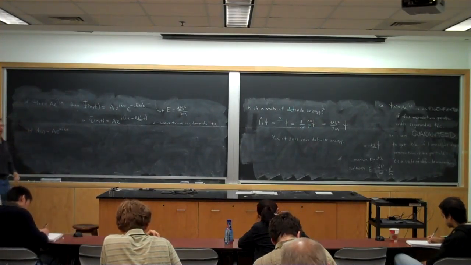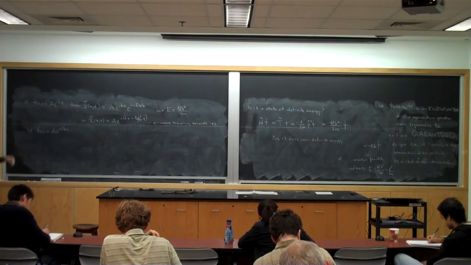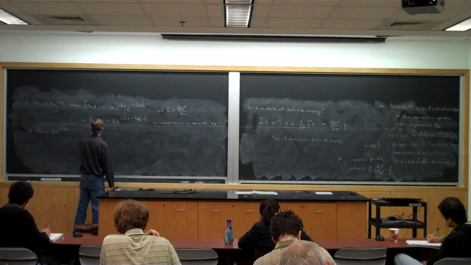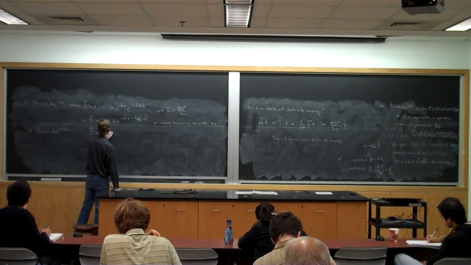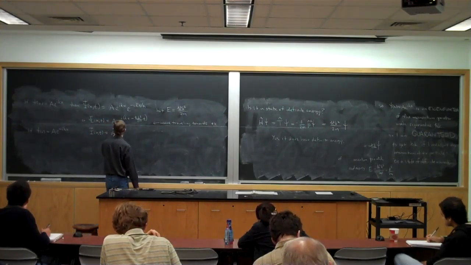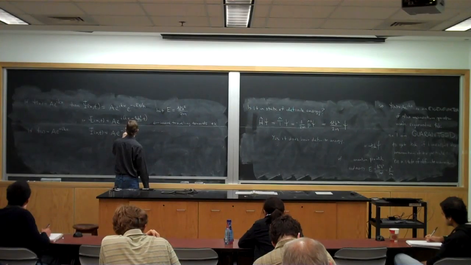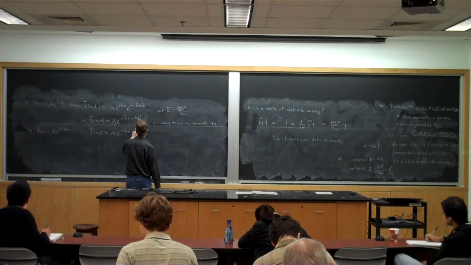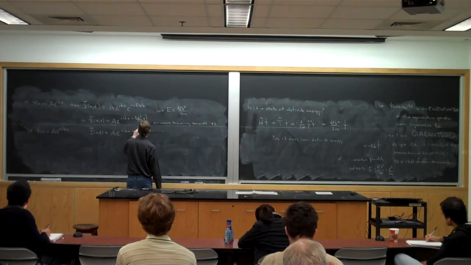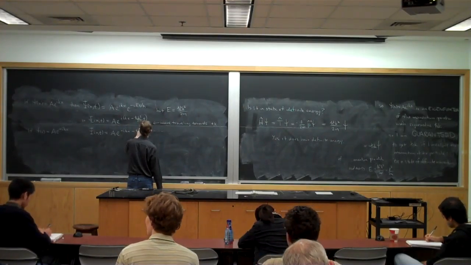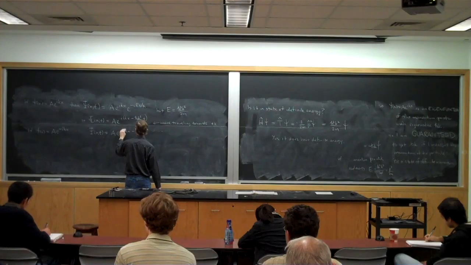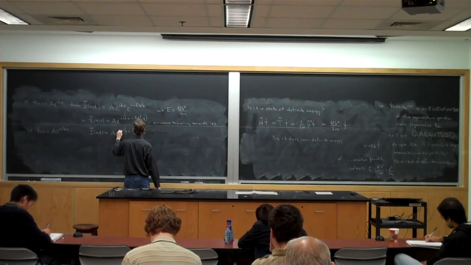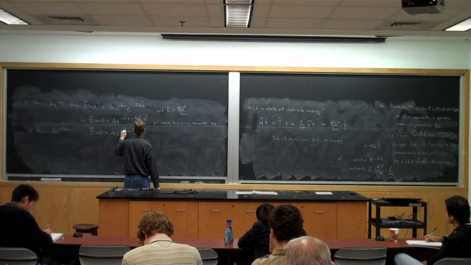If I made it A e to the minus ikx, I'm just going to call it A now instead of B. Psi of x,t would be A e to the minus ikx minus h bar k squared over 2m t. Actually, let me factor it the way I did before.